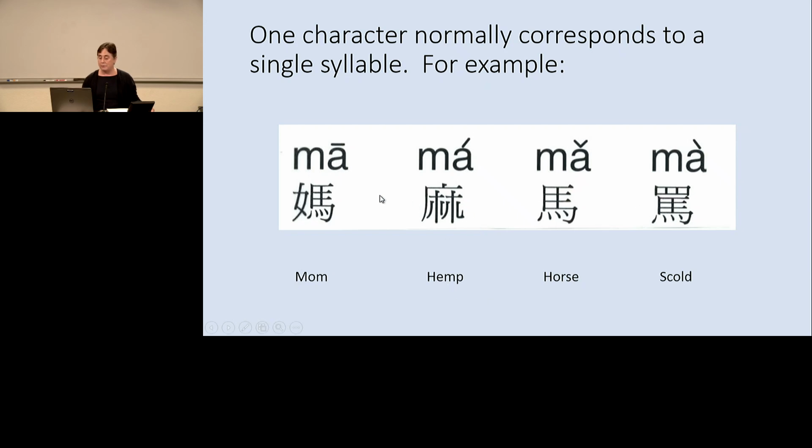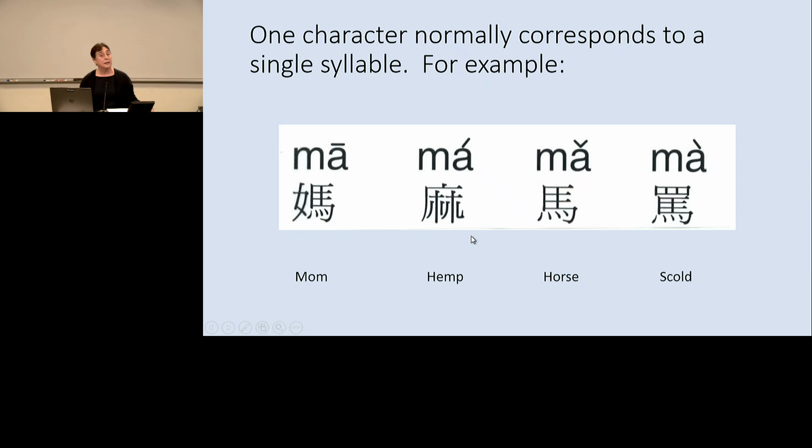So here we have the four sounds, mā, má, mǎ, and mà. And here are four different characters. The initial m with first tone, mā. We have here, mā. Sometimes it's repeated, māma. Take a guess what that means, mom. Okay, here we have má, that sound with a second tone, and here's one character that goes with that sound, and it means hemp.